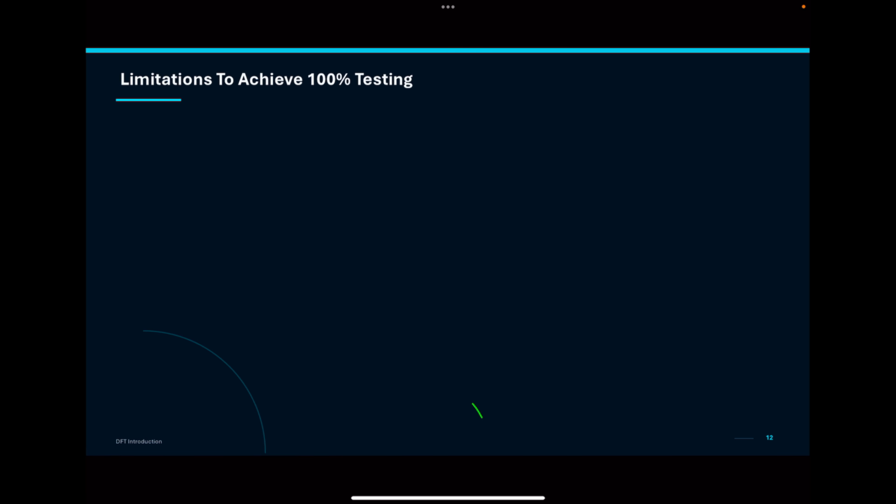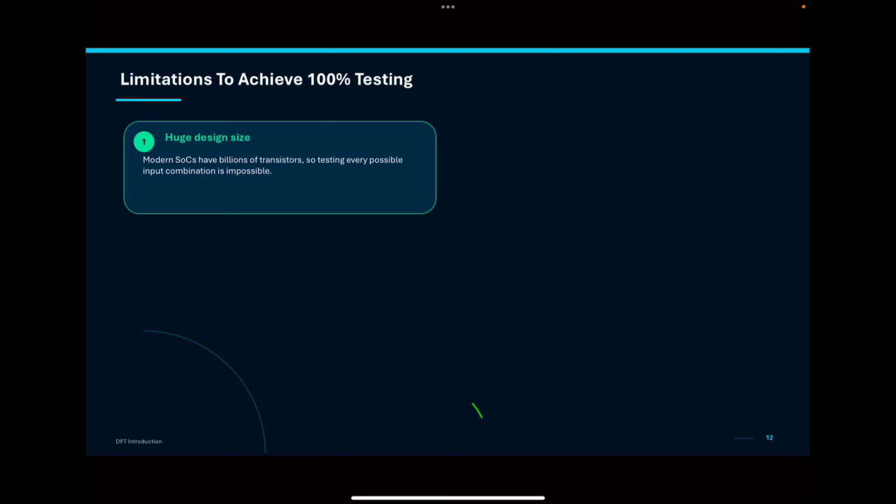Let's look at the challenges. Huge design size. Modern SoCs contain billions of transistors, which means there can be an enormous number of potential fault locations. In practice, it is impossible to generate tests that detect every conceivable fault within reasonable time and cost.